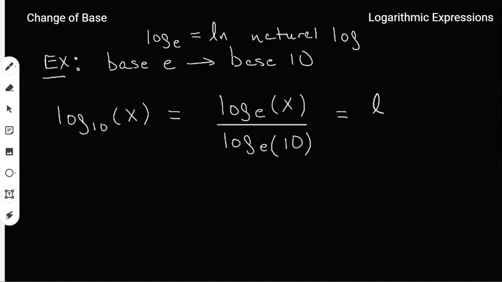So I'm going to replace log base E with the natural log. So I get the natural log of x on top, and I get the natural log of 10 on the bottom, whatever number that may be. So that's the change of base formula, and I hope that helps.